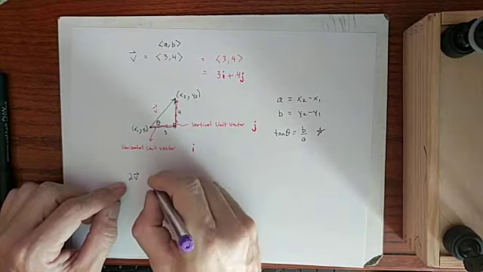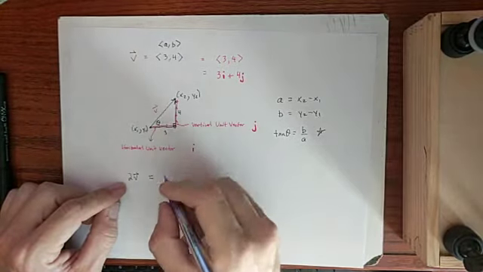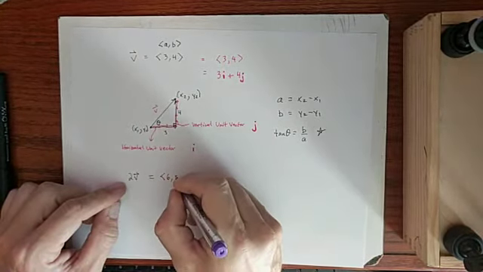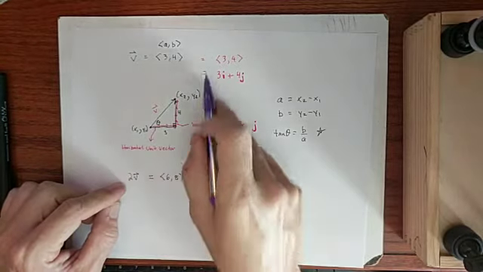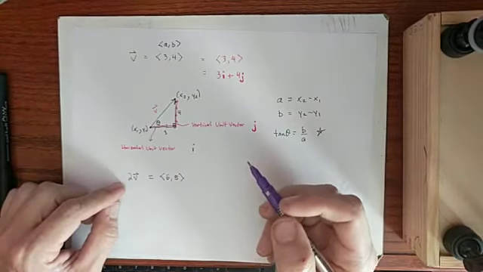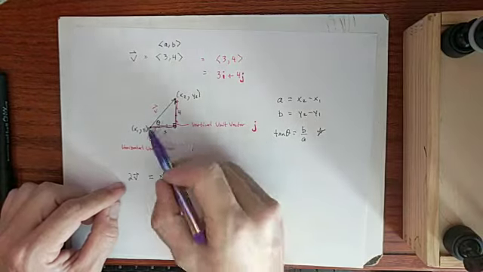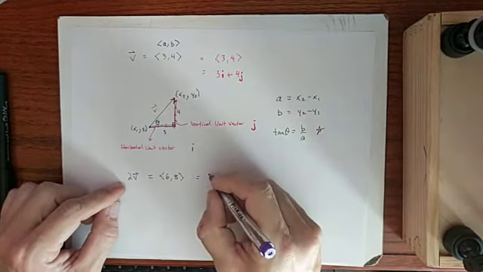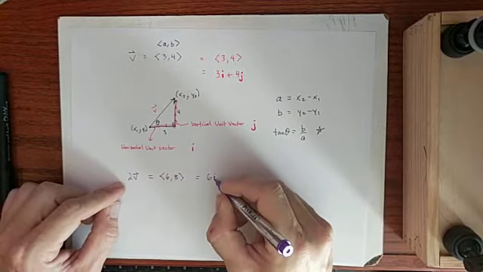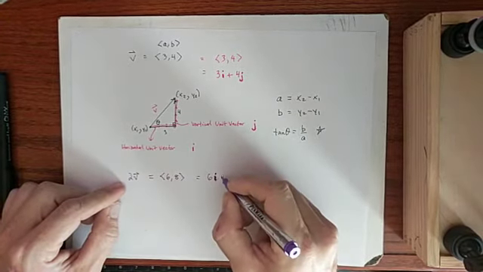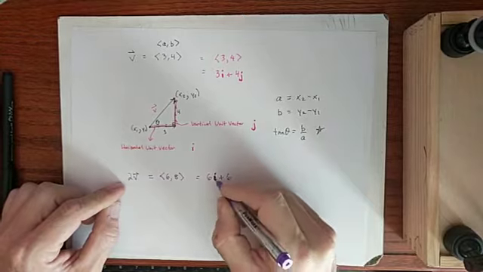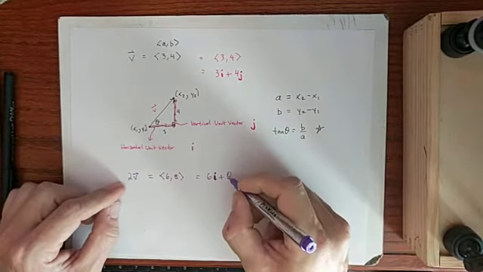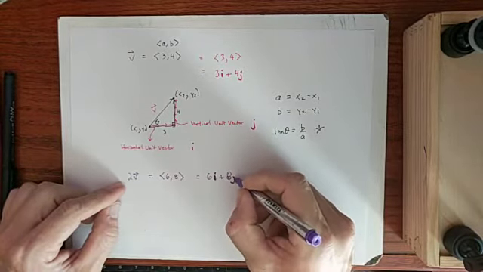For example, 2 times vector v in component form would be 6, 8. So I'd have to go to the right 6 and up 8, and again the vector would be twice as long. Its magnitude would be twice as long as well. In terms of i and j, this would be 6i, and that's the wrong i, sorry, not the imaginary number i, the italics one, plus 8j.